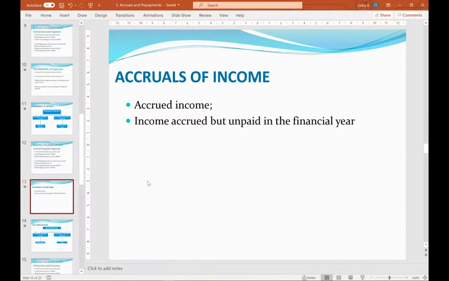Interest is due for December but paid in January. So it is accrued income. Interest was due for December, but it was paid to us in January next year. So we have to show this accrued income in our account. Accrual of income is income accrued but unpaid in the financial year.